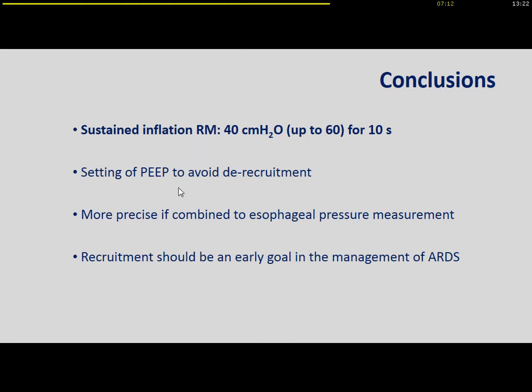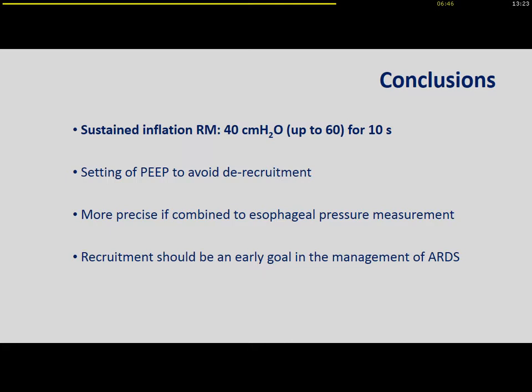If the patient is a recruiter, we can perform any recruitment maneuver, but the sustained inflation is very rapid, 40 centimeters of water up to 60 for 10 seconds, and the setting of PEEP is very important. The assessment of recruitability and the recruitment maneuver will be even more precise if we combine it with the esophageal pressure measurement.